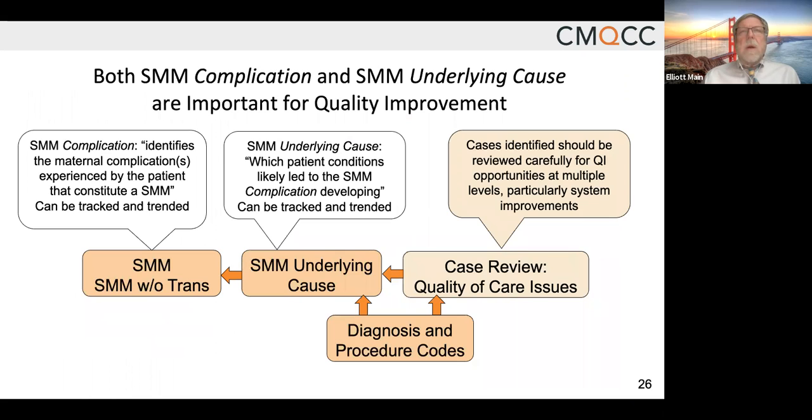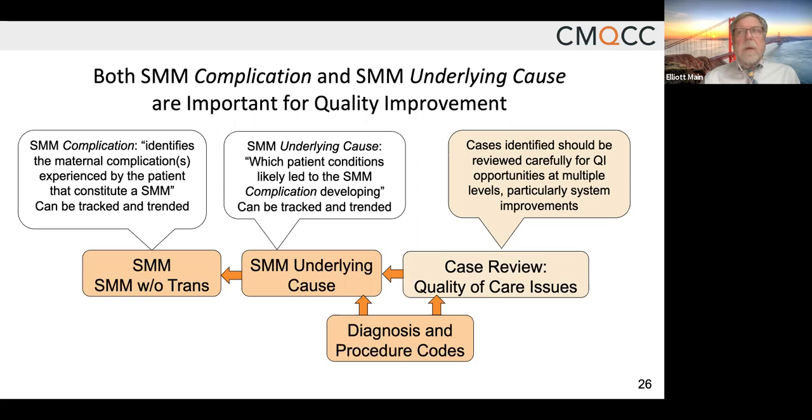So what we want to do, and this is going to be a lead into how we're going to display these and help you understand these, is that we're going to be displaying in the data center both a tie-in between the complication going backwards to the underlying cause, what patient conditions likely led to the severe maternal morbidity complication developing, and then giving you the ability to put these together in a case review to look and examine for quality improvement issues.